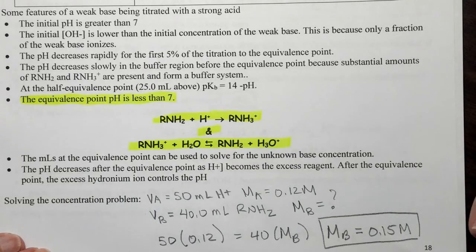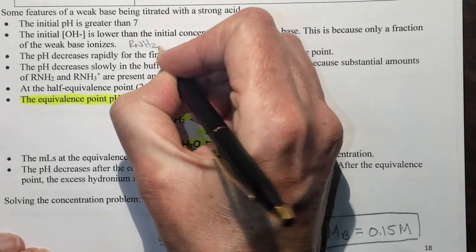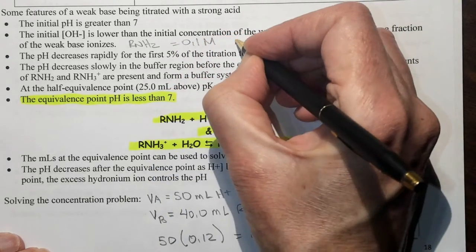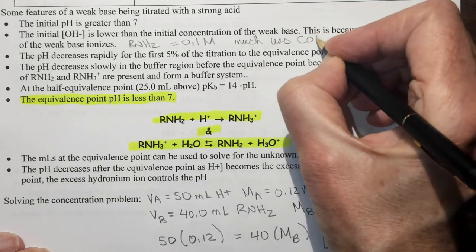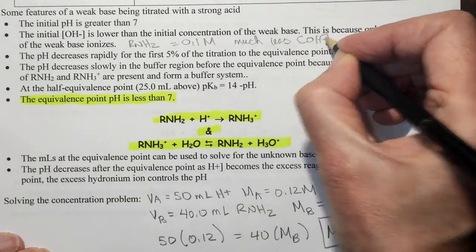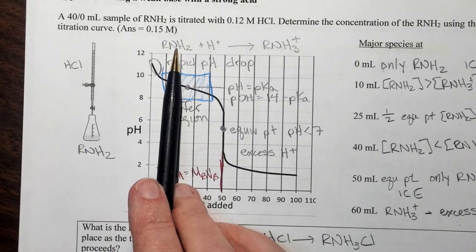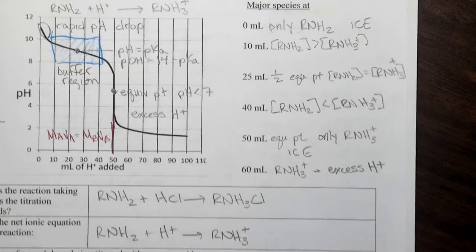So what this means is if we have something like RNH2, if it's 0.1 molar, there's much less of the OH minus because we're going to be setting up an equilibrium. So we can't use this initial pH here to calculate the concentration of RNH2. We're going to have to use an ICE table there to calculate the pH.